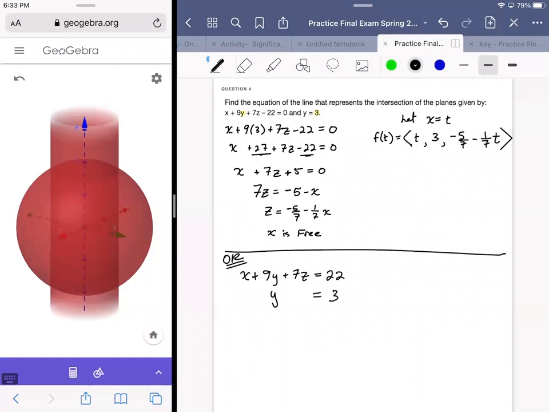If you stripped it down into just the coefficients, that's 1, 9, 7, 22, 0, 1, 0, 3.